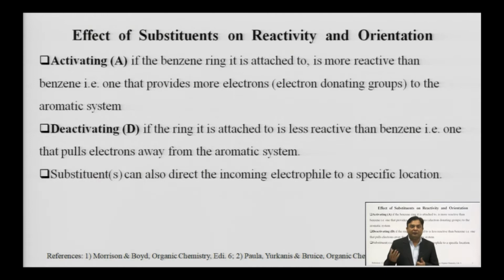The second type of group is called deactivating groups. When these groups are attached to the benzene, they decrease the electron density on the benzene ring, because they have the tendency to withdraw electrons from the benzene.